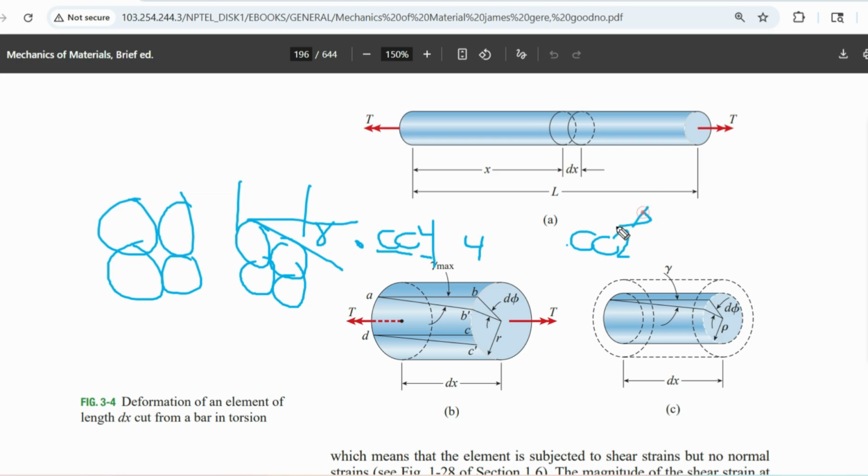That's going to be the change in length divided by the length. I said this distance was 1,000 meters, and this length could lengthen by 4 millimeters, which gives you an angle in radians of 0.004.